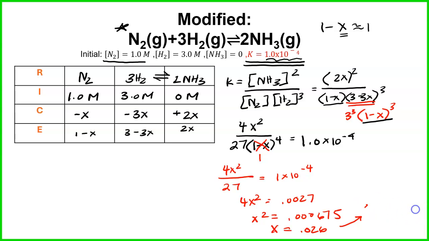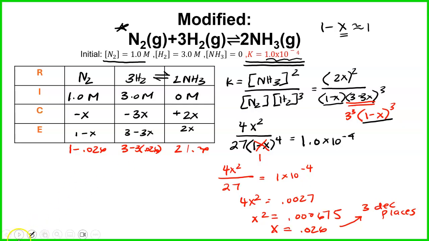Now, that's not our final answer. We're going to use that x value back in our table. I'm going to do 1 minus the 0.026. I'll plug in that x here. And then 2 times the 0.026. I'll go ahead and solve for my equilibrium values, 1 minus 0.026.